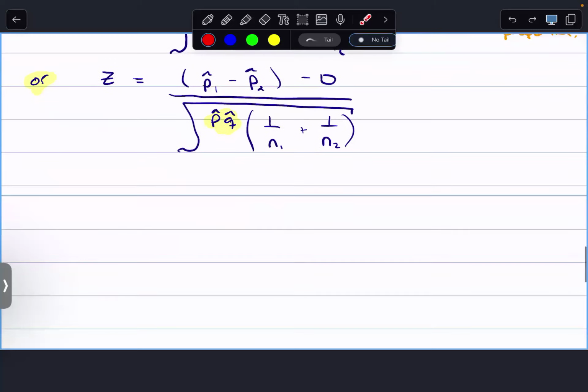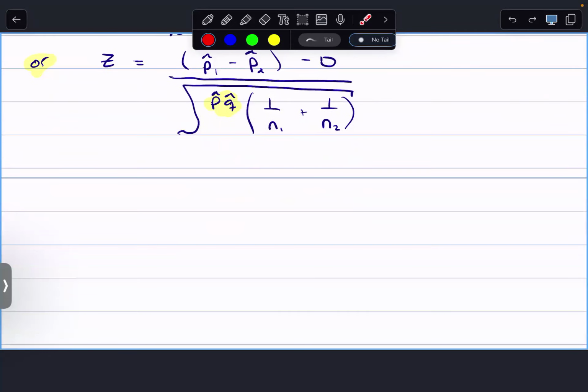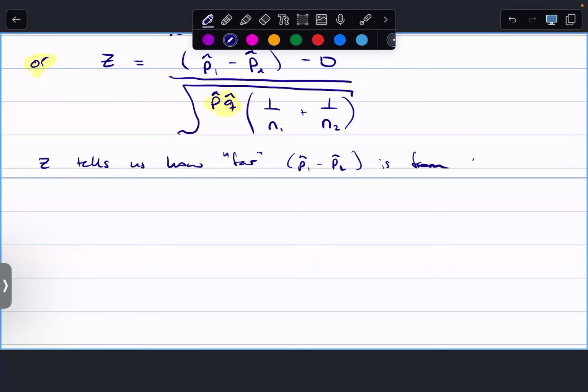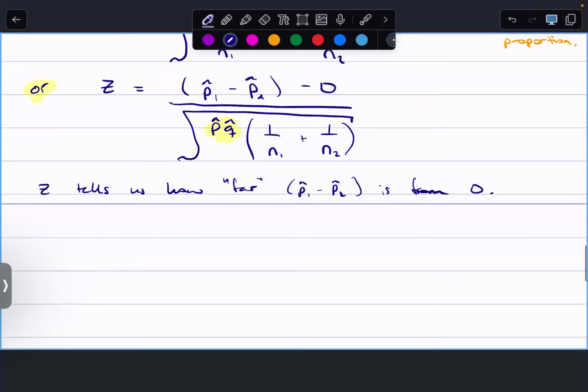And so Z tells us how far P1 hat minus P2 hat is from 0, in terms of standard errors. But just the general background is Z is always telling you how far your point estimate is from your hypothesized value. And so that's something that's good to keep in mind.